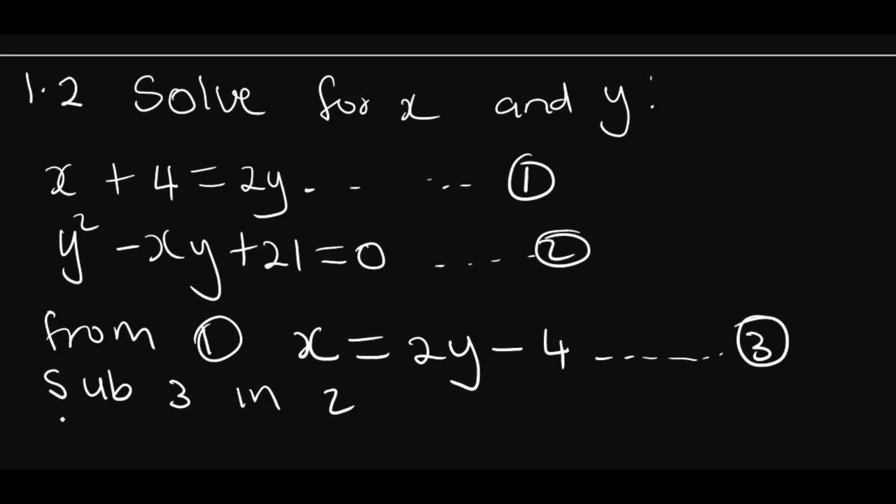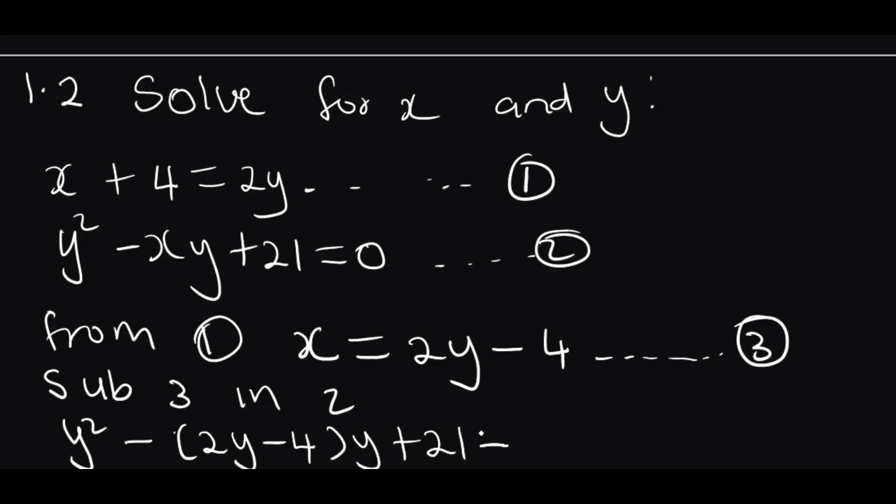Okay, let us do that. We have y squared minus, where there is x, we need to put 2y minus 4. Then we have y plus 21. That is equals to 0.